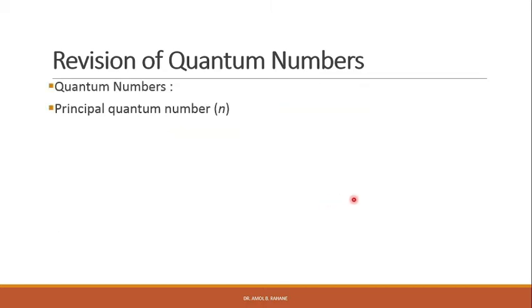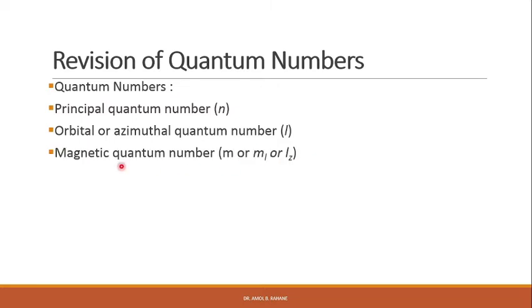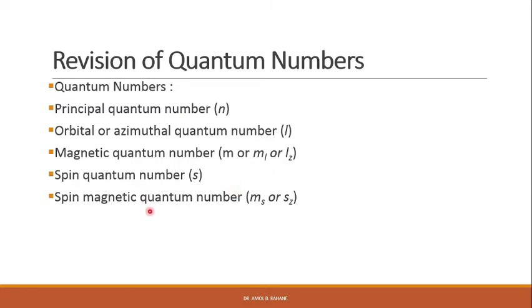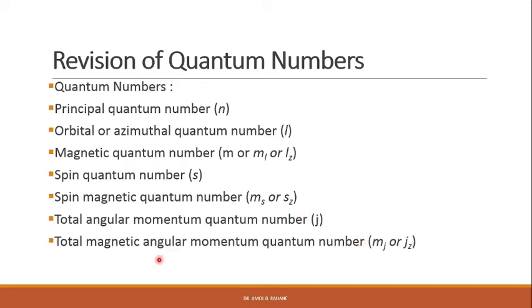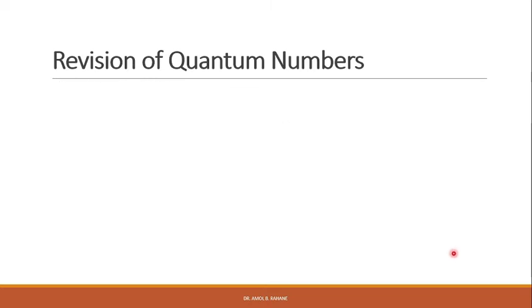In this lecture, we are going to study different quantum numbers like the principal quantum number n, the orbital or azimuthal quantum number L, the magnetic quantum number m or ml or Lz, the spin quantum number s, the spin magnetic quantum number ms or sz, the total angular momentum quantum number j, and the total magnetic angular momentum quantum number mj or jz.